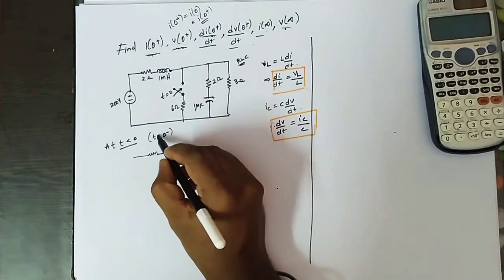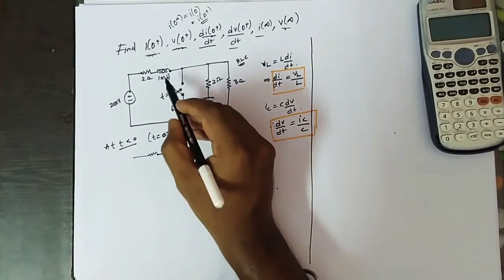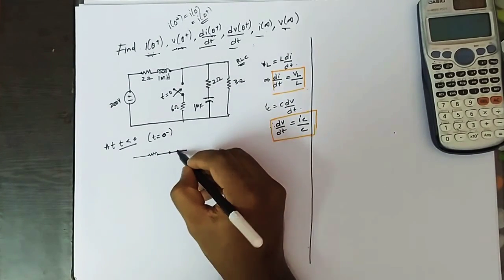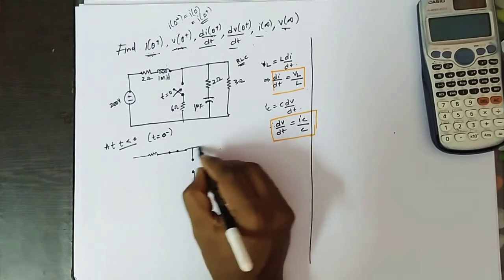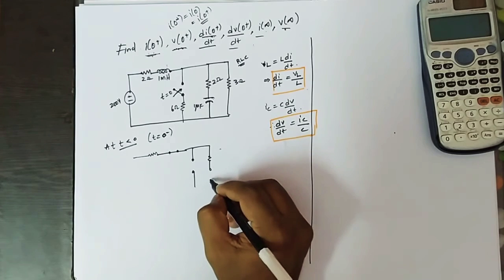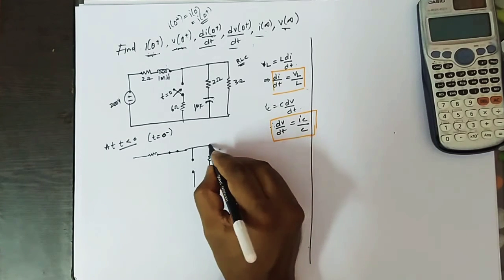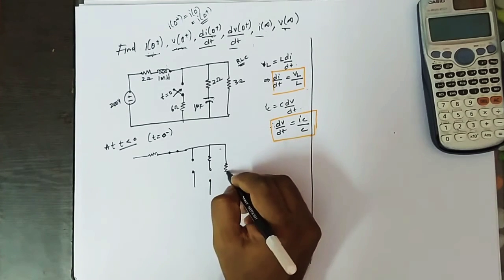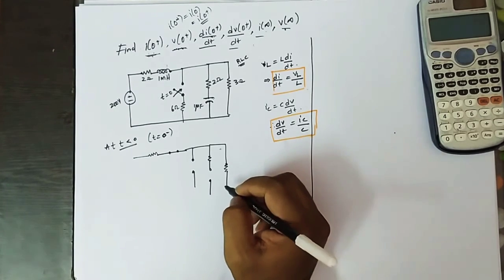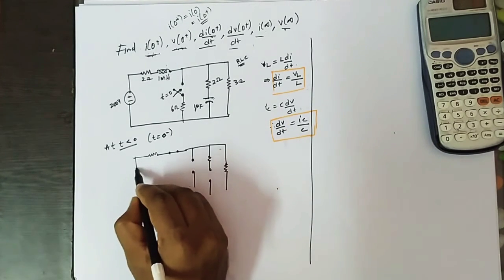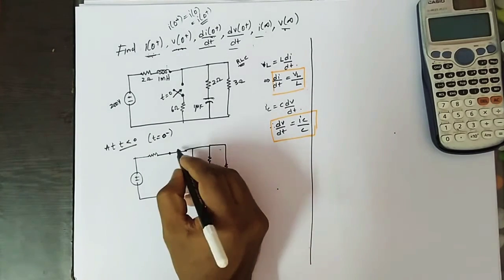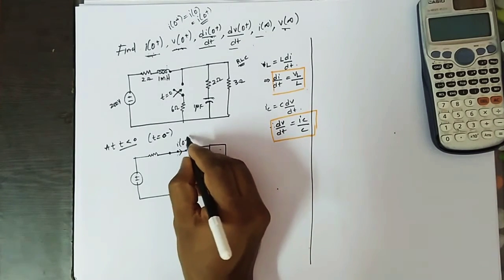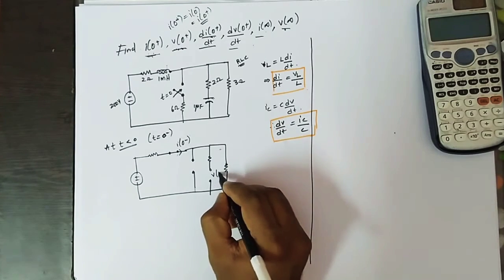At t equal to 0 minus, the inductor is shorted and the capacitor is open circuited because it has acted for a finite interval of time. Now we find i of 0 minus and v of 0 minus.